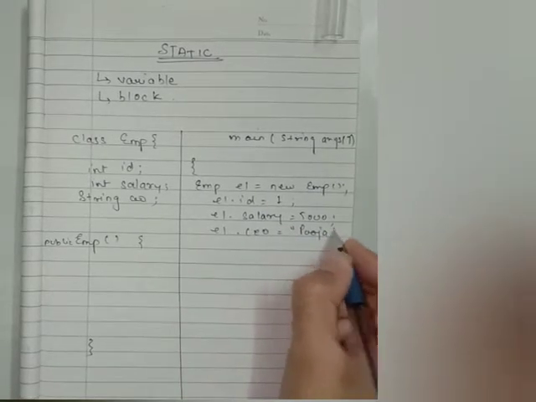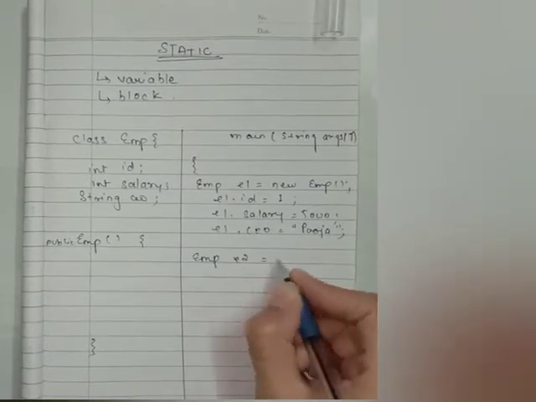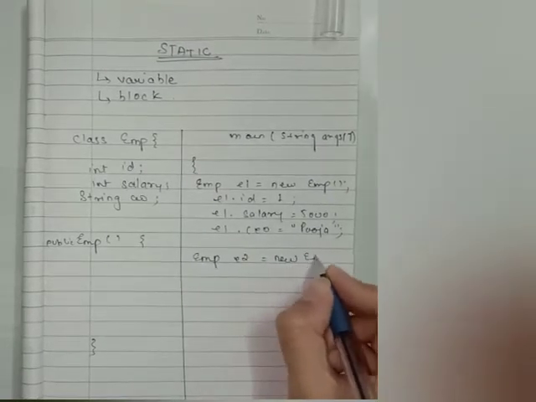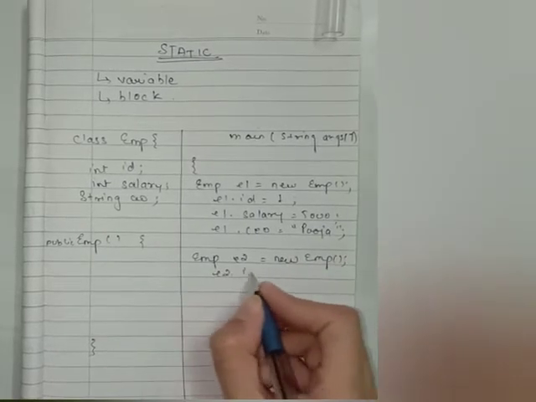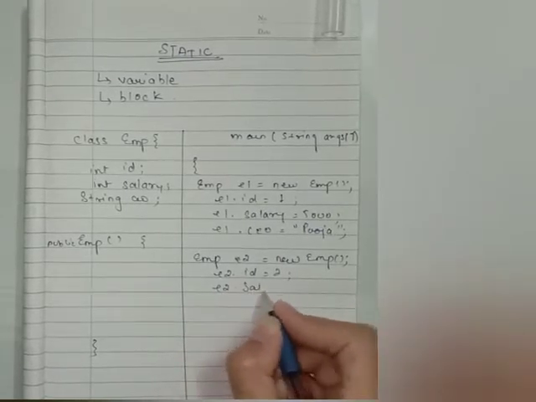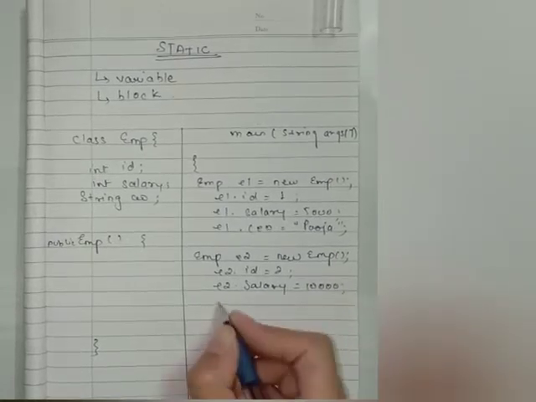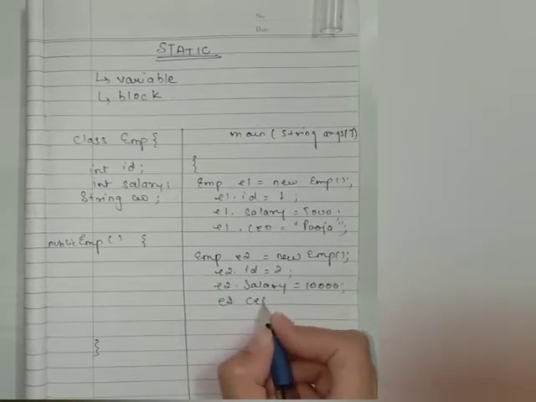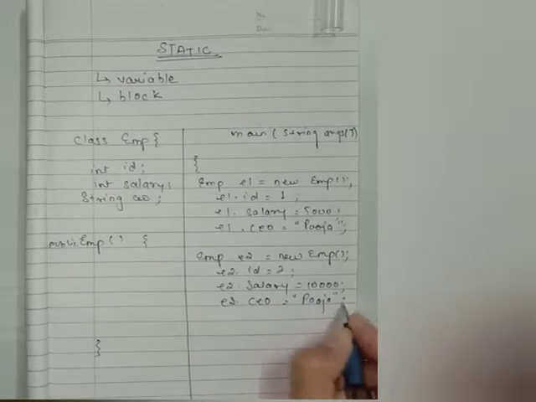Now I have another employee, which is E2. This employee will have his own set of data. ID will be suppose 2, salary will be suppose 10,000. But if they are working in the same organization, they will share a common CEO.